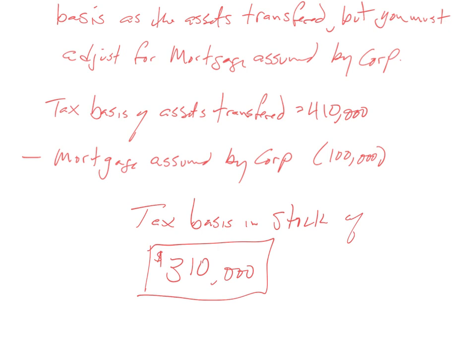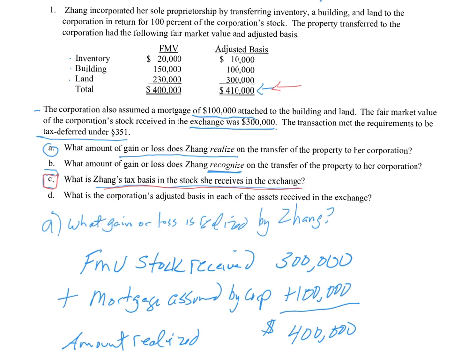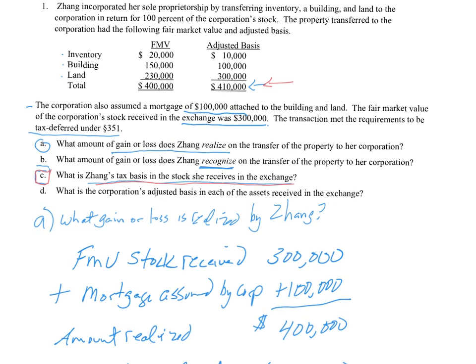All right. So finally for this video, let's look at part D, and then I'll post part 2 with the other parts. So we got to scroll all the way back up. Part D asks, what is the corporation's adjusted basis in each of the assets received in the exchange?